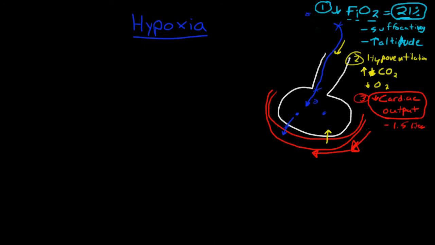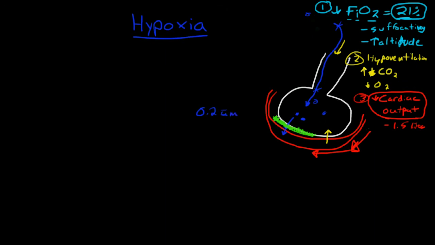Now, another possibility is we could have impairment of this membrane. So if we have thickening of the alveolar capillary membrane, remember oxygen is diffusing down its concentration gradient by simple diffusion. And this works very well because usually the membrane is 0.2 nanometers thick.